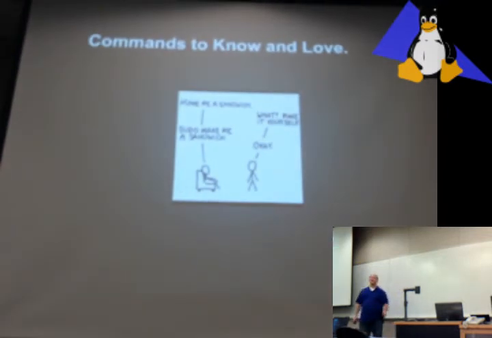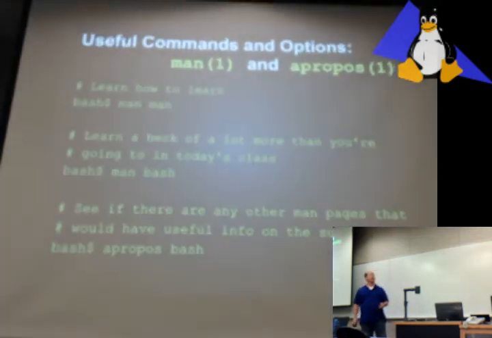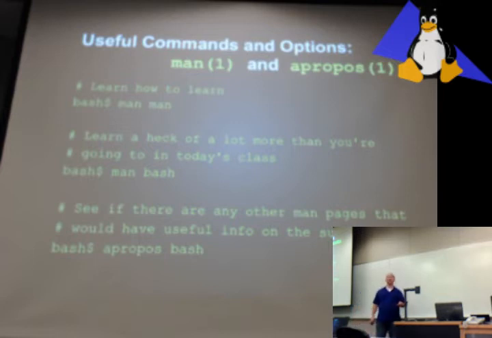So the first thing we're going to do is start getting into some commands that are available. At the end of the day, the shell is executing commands that are available on the system. So a good place to start is man pages. First of all, if you don't know anything about man pages, it would be a good idea to just look at the man page for man itself.